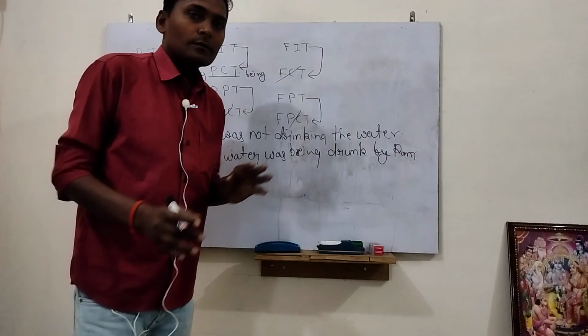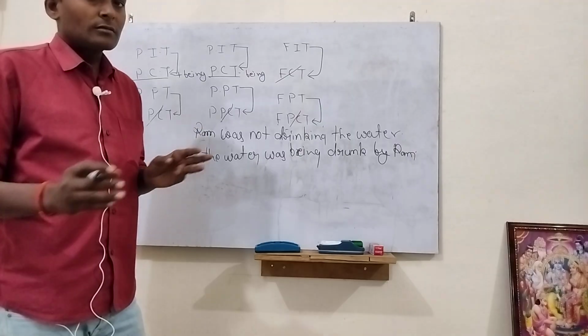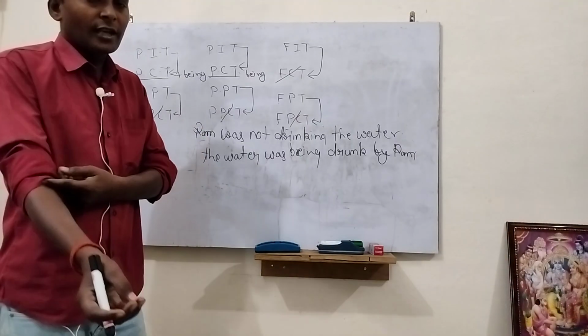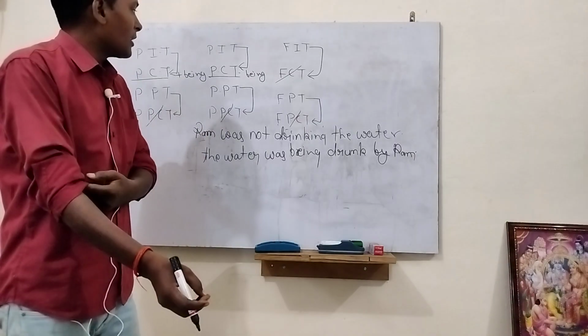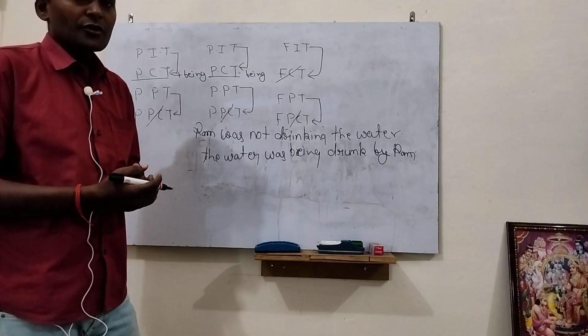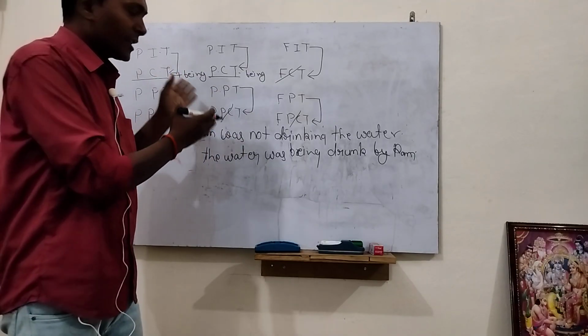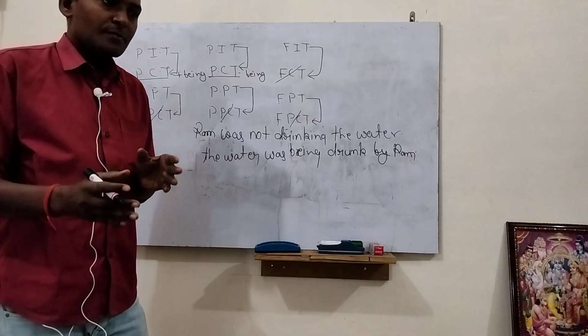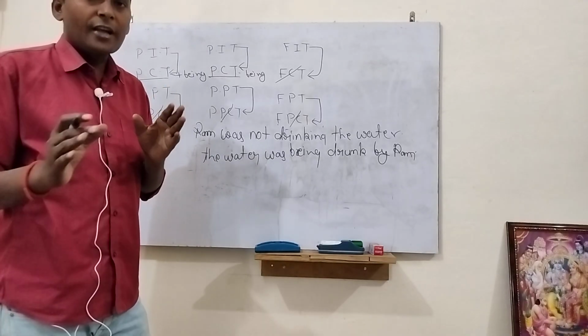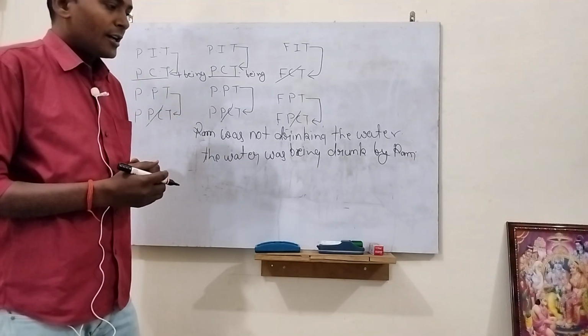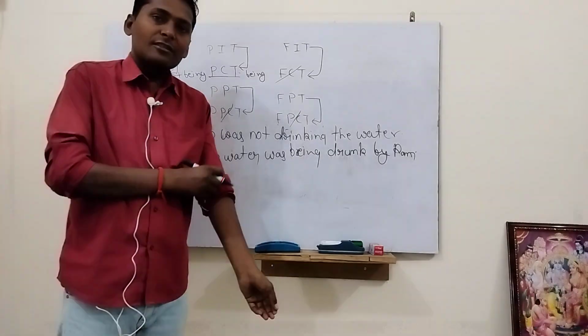Understood? So I was thinking that I have to tell you about this in a simple way so that you can understand active voice and passive voice. This comes up till high school, that means till 10th class.